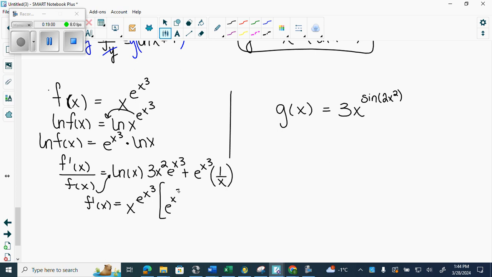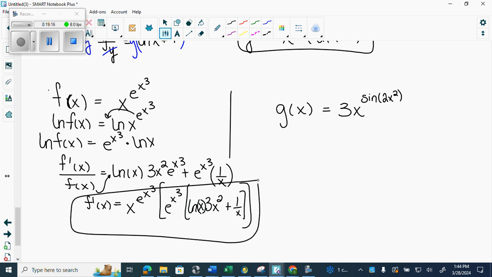E to the x cubed can be taken out: ln x times 3x squared plus 1 over x. Finito. Okay, this one, we're going to have ln g of x equals sine 2x squared times ln 3x.